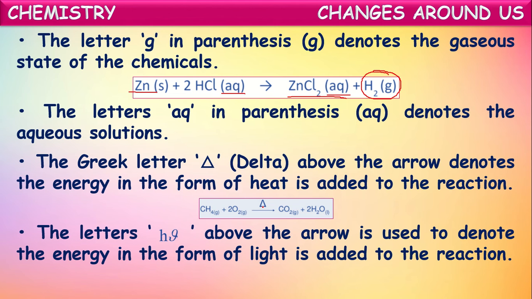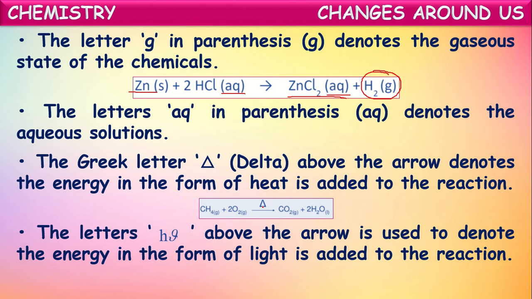So in some chemical reactions, light energy will be absorbed for the formation of products. In the chemical equations of those reactions, on the arrow mark, H nu is written, which indicates the absorption of light energy.